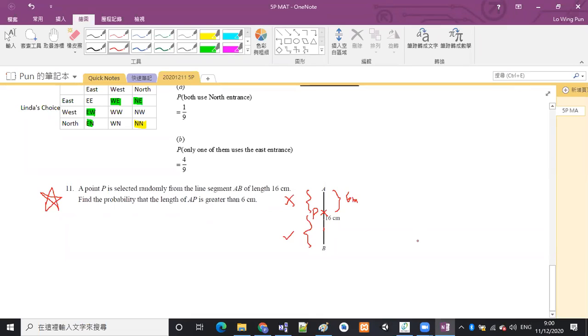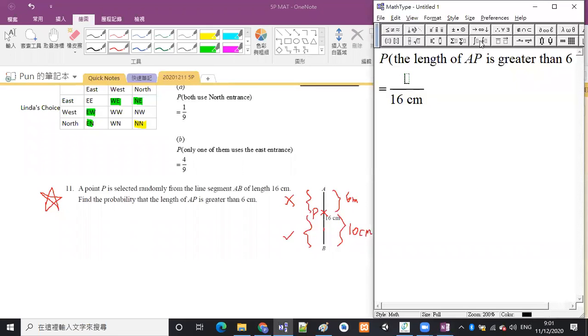Can you see this? So, what is the range of the length that we can choose which will make the length of AP greater than 6 cm? That will be this 10 cm, right? So among the 16 cm length, there will be 10 cm of this range which can satisfy this requirement.